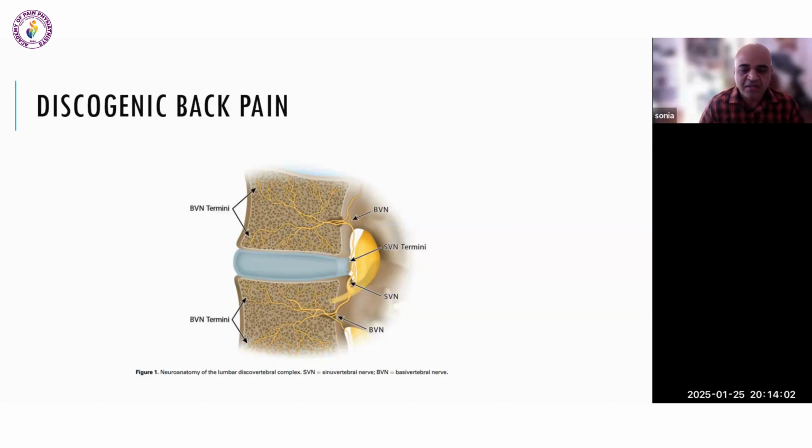These are the nerve innervation for the vertebral end plates. So if the vertebral end plates are pathologic or the source of pain, these nerves can sense this pain, and of course it is a major cause of low back pain.